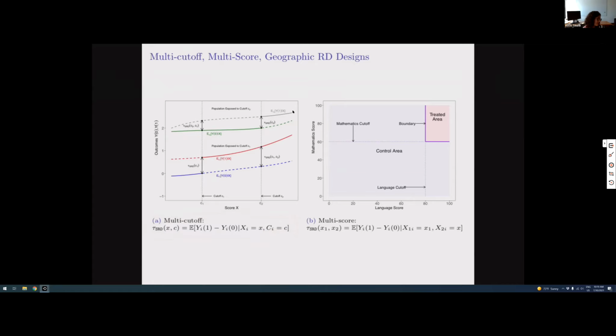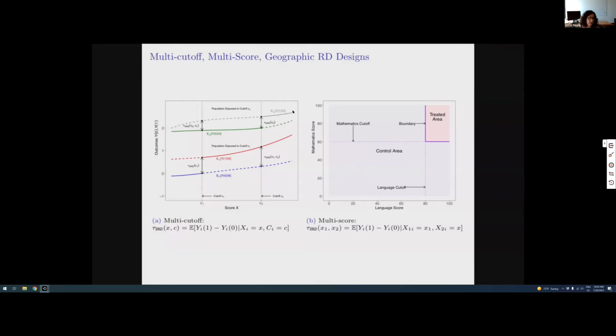So this also opens the door to, first of all, very easily look at heterogeneity of treatment effects across cutoffs, but then it opens the door to think about what would have been the effect, let's say this population is exposed to this cutoff and this is the effect, what would have been the effect for the same population at the higher cutoff? And so this introduces some ideas about extrapolation, because as we'll talk about later, and Matias will also emphasize when he talks about continuity-based, a lot of these regression discontinuity designs will be focused on very, very local effects.